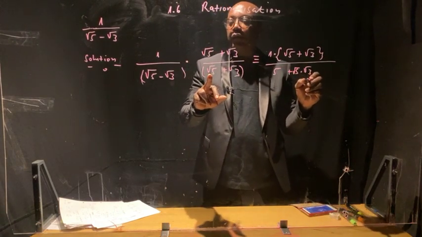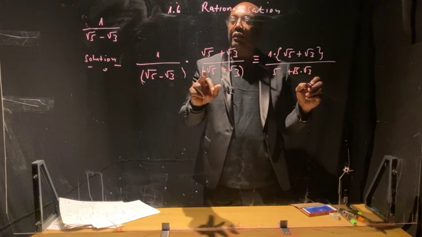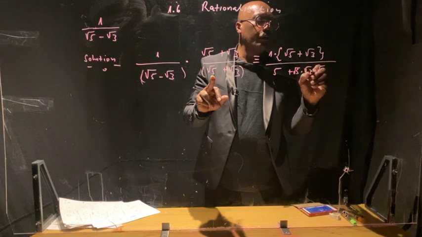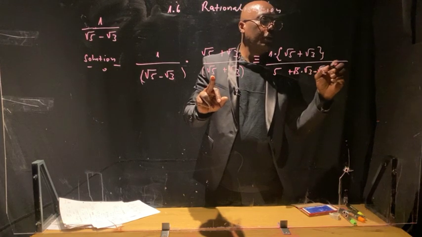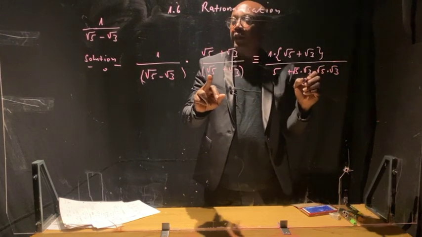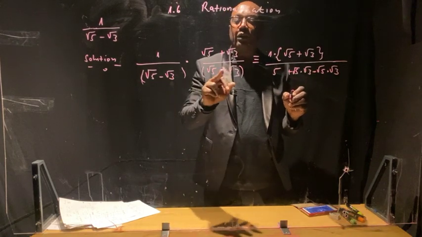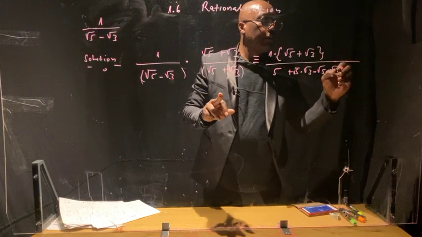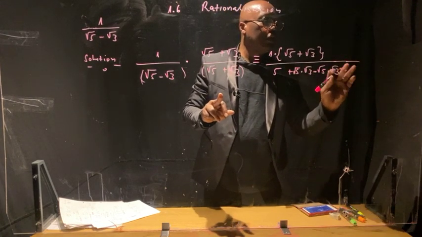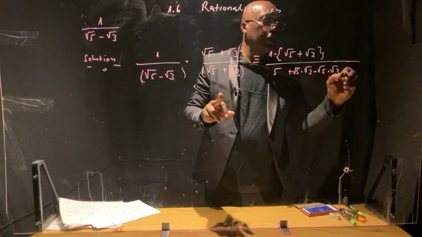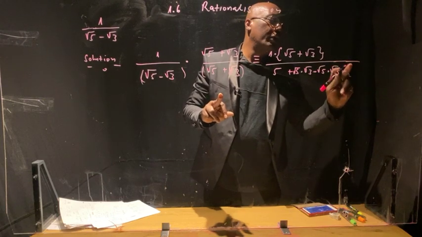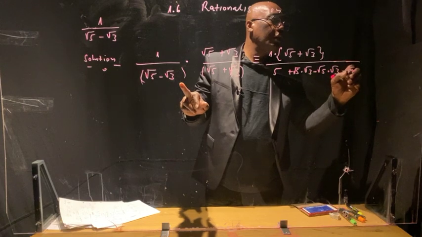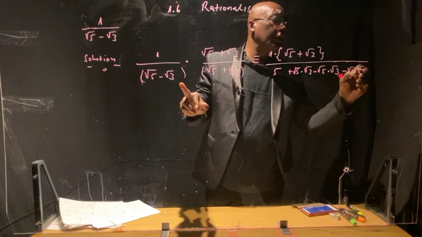Root 5 or minus root 3 multiplied to root 5 is equals to minus root 5 being multiplied to root 3. Then you have minus root 3 being multiplied to plus root 3. It becomes minus root 3 being multiplied to root 3.